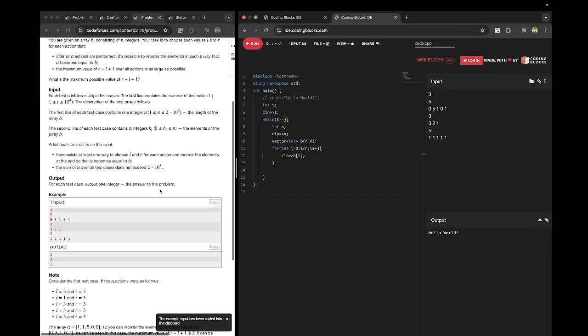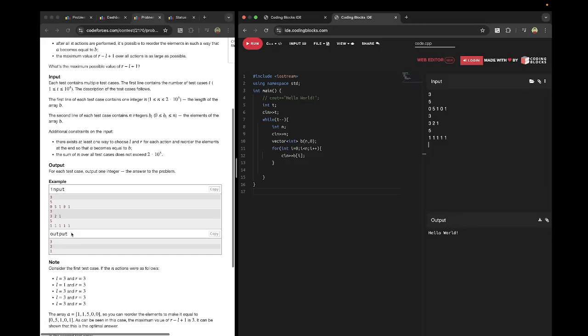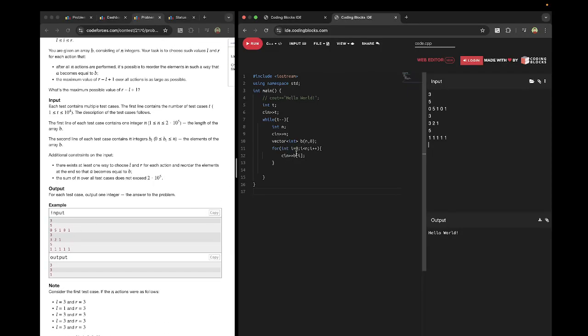Okay. So we have a 5. I think we just count the number of zeros that we have, and then we just remove the number of zeros from the n, and that's our answer.